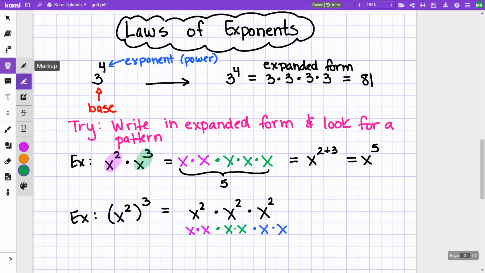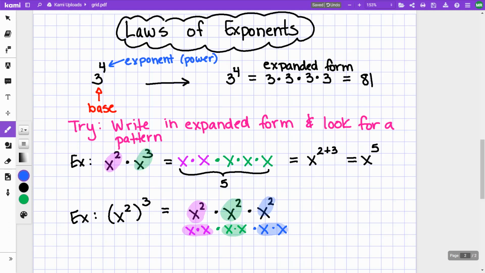So this x squared is here. And this x squared is here. And this x squared is here. Now, what is my final result going to be? Well, how many do I have? 1, 2, 3, 4, 5, 6.